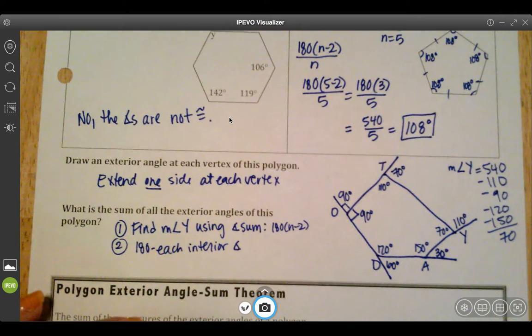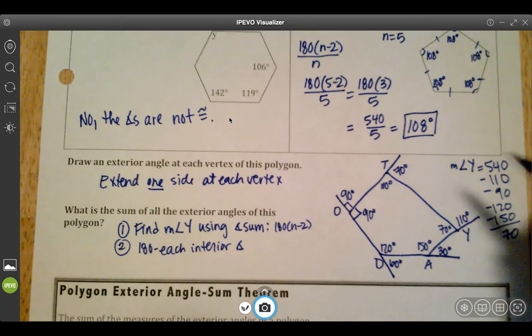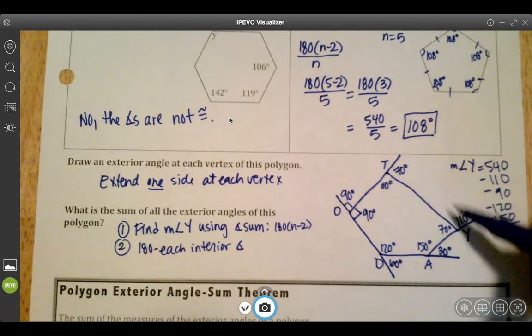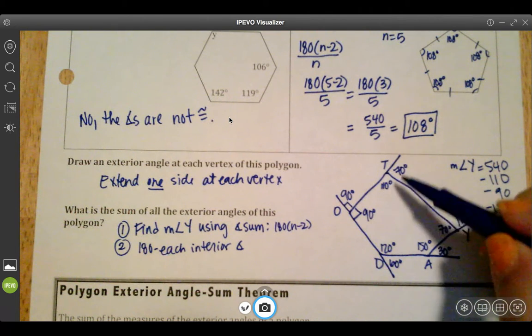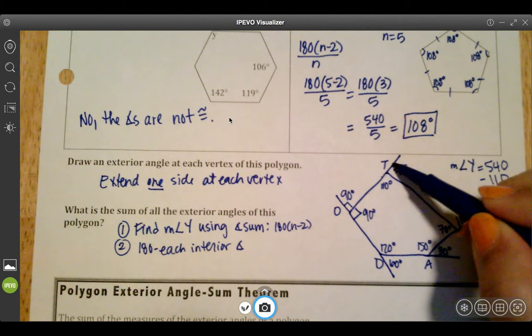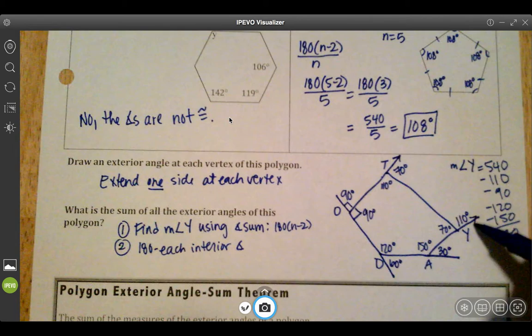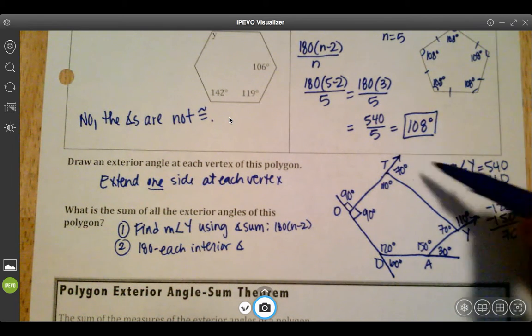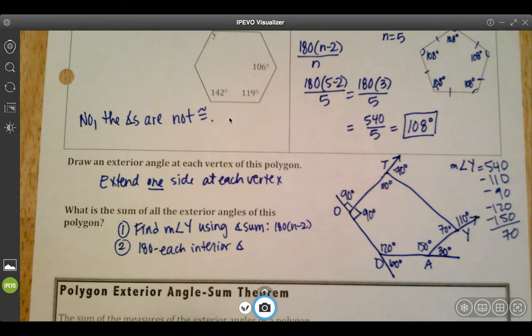Now, it doesn't ask for this, but I can notice how 110 and 70 appeared twice, which means that these lines are actually parallel. That means this was a transversal of parallel lines by the inverse of the alternate interior angles theorem postulate.